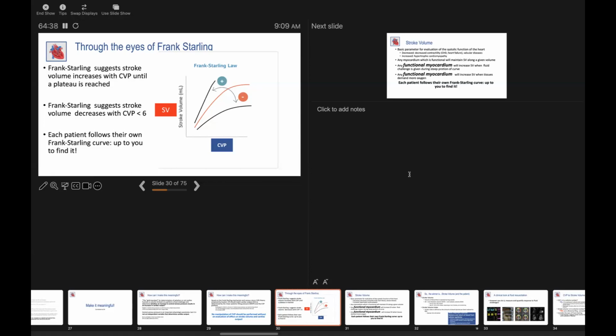CVP went from 10 to 11, stroke volume went from 30 to 40. Yes. You give another liter of volume, CVP went to 13, stroke volume went from 40 to 41. Did your patient respond to volume? No, good, exactly right.